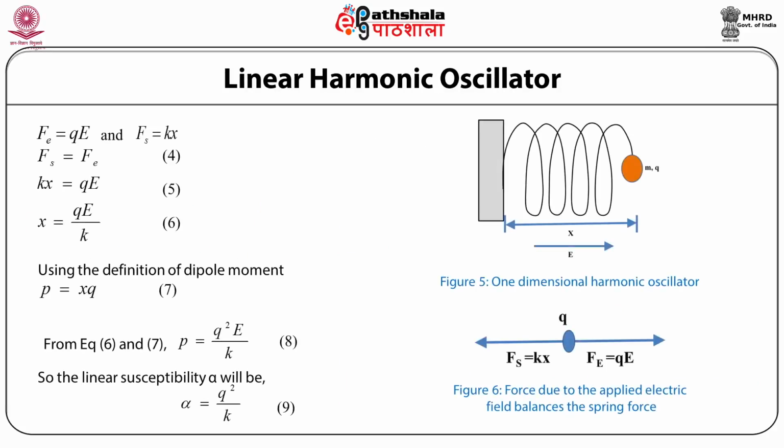Harmonic oscillator. Let us consider a linear harmonic oscillator. This is the static one-dimensional harmonic oscillator model, and applying a static electric field to a charge on a spring makes the spring stretch. The schematic is shown in the figure.